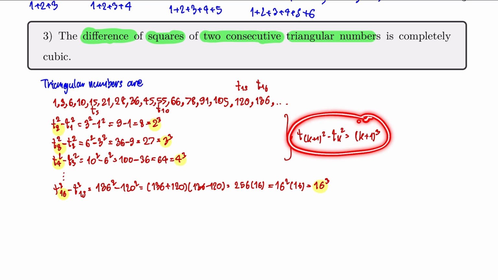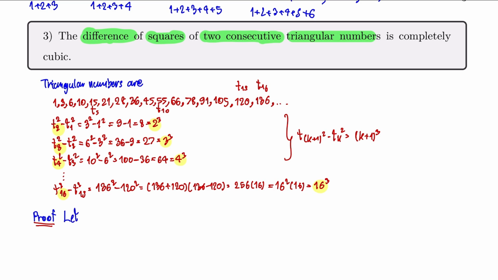Okay, let's show this statement. The first thing I want to do, so we start to prove this, is to let t_n be a triangular number for any positive integer n.